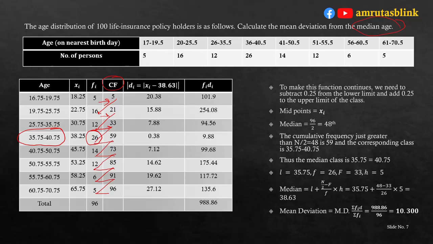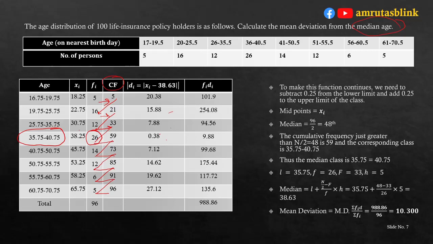Hence, 38.63 minus 18.25 is 20.38, then 38.63 minus 22.75 is equal to 15.88, then 38.63 minus 30.75 is 7.88. Now, 38.63 minus 38.25 is 0.38.